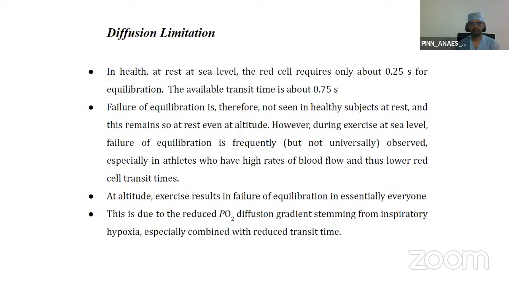At altitude, exercise results in failure of equilibration in essentially everyone, not even just athletes; even normal people who are exercising at altitude develop hypoxemia. Why? Because this is due to the reduced PO2 diffusion gradient stemming from the inspiratory hypoxia, especially combined with reduced transit time.